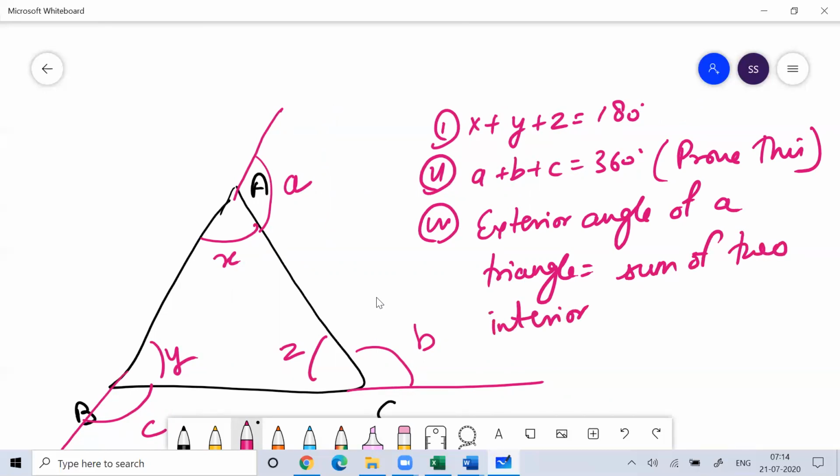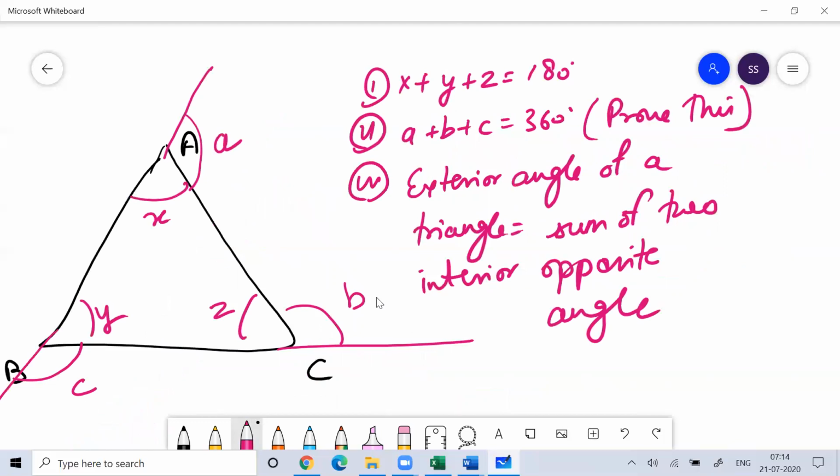So the exterior angle of a triangle is equal to the sum of two interior opposite angles. By using this property, we prove this.